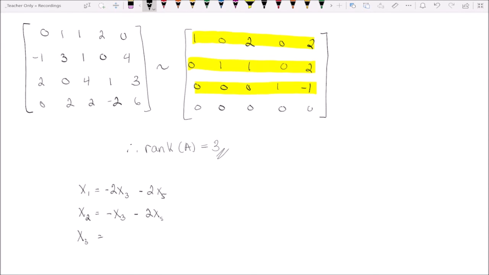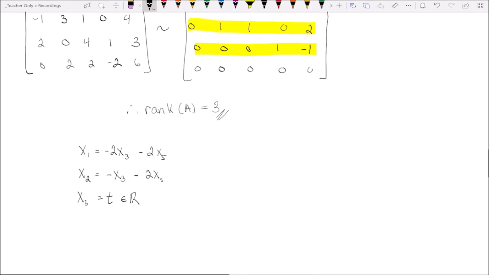We find that x3 can be any free variable. Let's call it t, which is some real number. Then we'll see that x4 is simply x5. And then x5 can be any real number, so let's call that s.